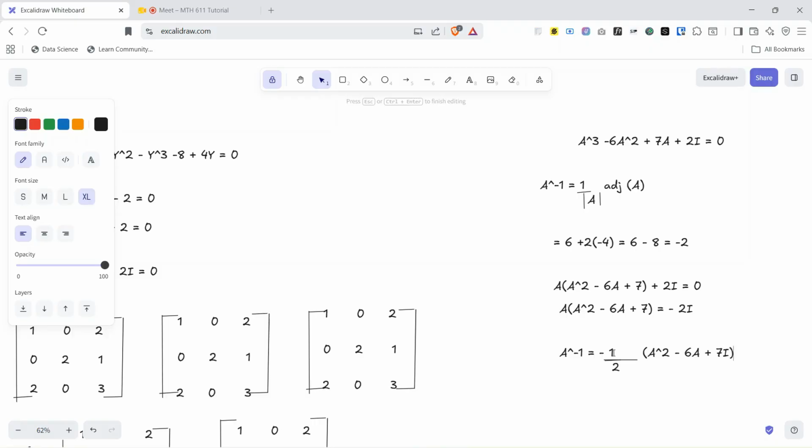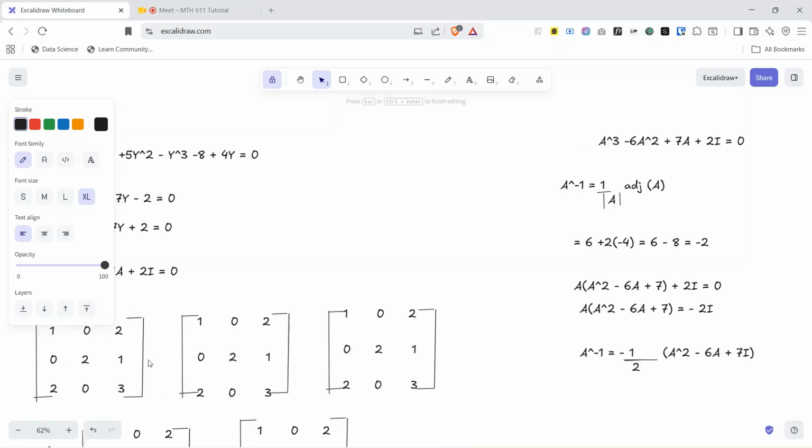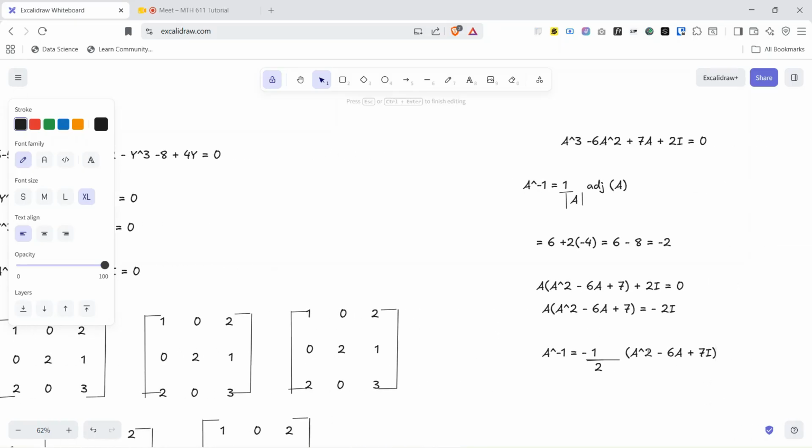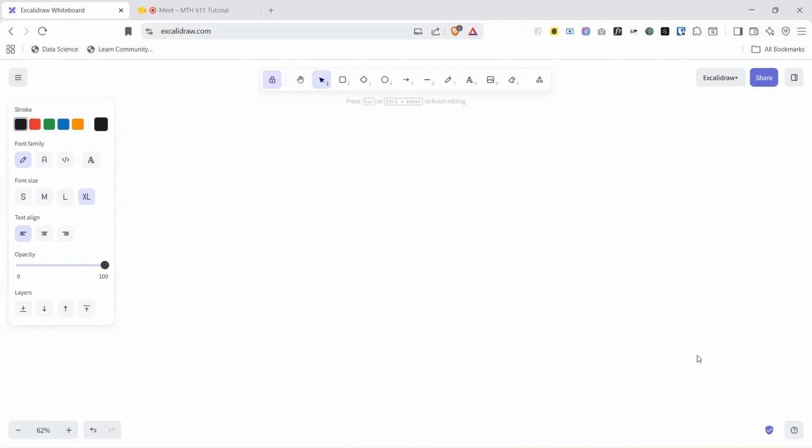Yep. So this is something you are going to have. Then what you now need to do is to plug in all of this, the same way we did, into this, and then we would have the answer. We'll have the inverse, but you can also follow the inverse way.